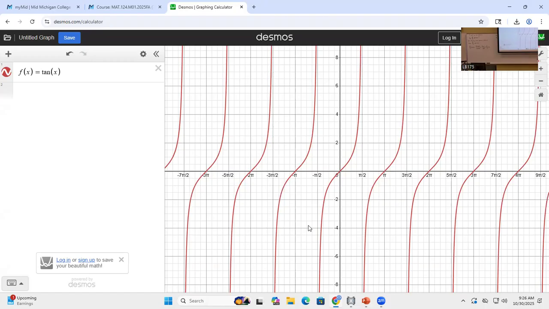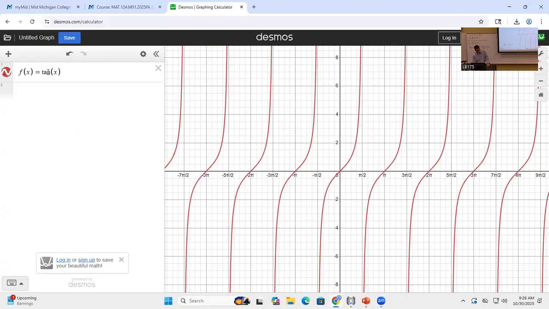It has zeros at negative pi, 0, pi, 2 pi, et cetera. Those are all the zeros of sine. So tangent has the same zeros as sine, but it has asymptotes at the zeros of the cosine.